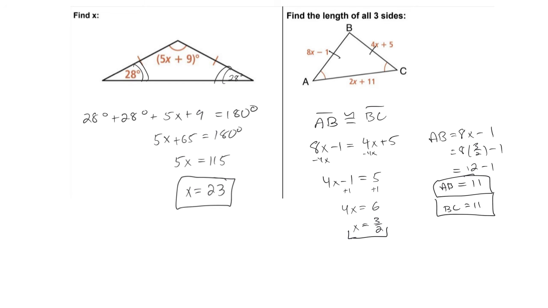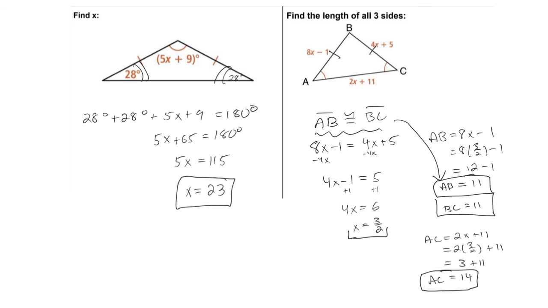So BC also equals 11, right? We said right here they're congruent. And then the last one, right, is AC, 2x plus 11. So substitute in 3 halves for x. All right, so 2 times 3 halves gives us 3 plus 11. So AC equals 14. So AB is 11, BC is 11 because they're congruent.